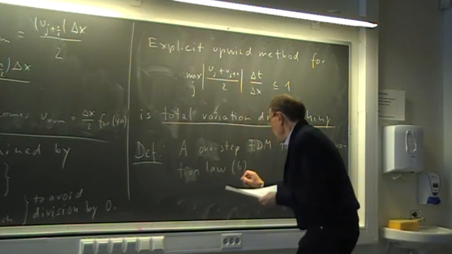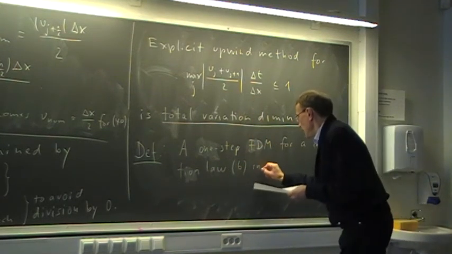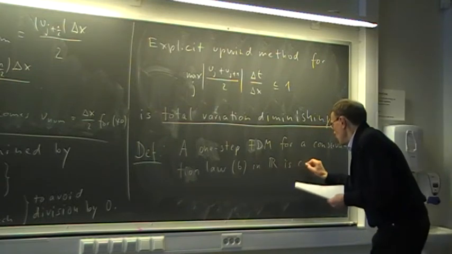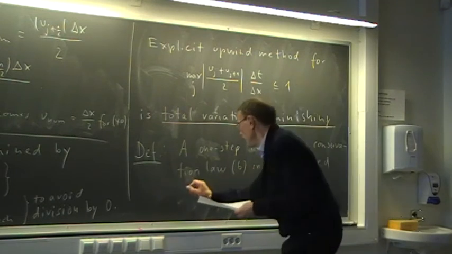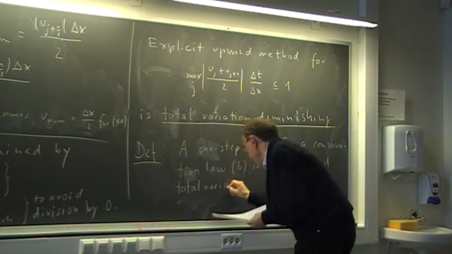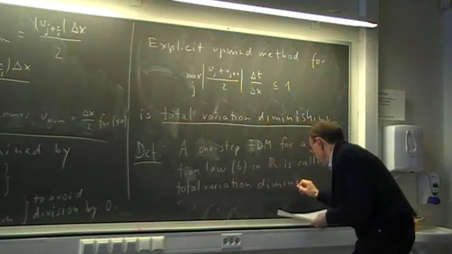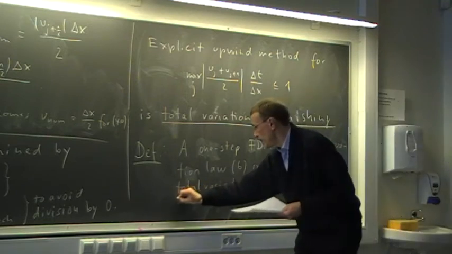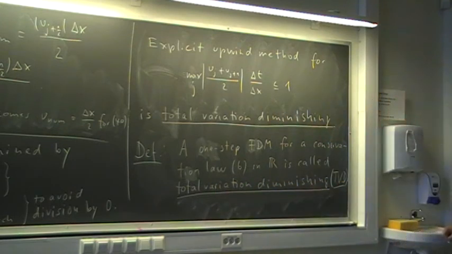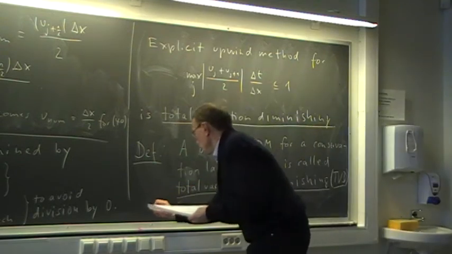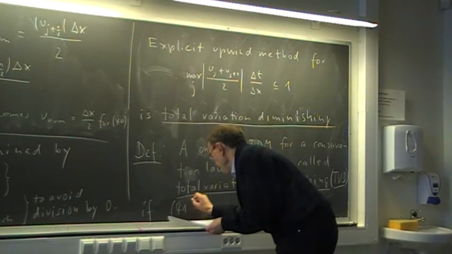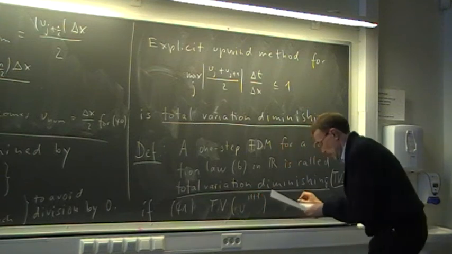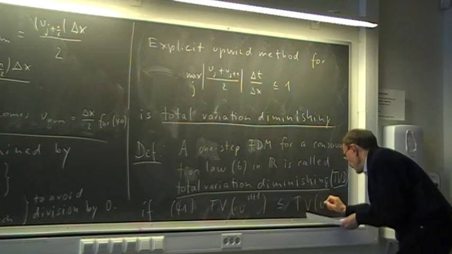And we look at a hyperbolic conservation law, defined in the complete domain, all real numbers R. It is called total variation diminishing, the acronym is TVD. That is an acronym that we will find frequently in CFD. TVD, total variation diminishing, if the following holds: if the total variation of the solution at the new time level is smaller or equal than the total variation at the old time level.